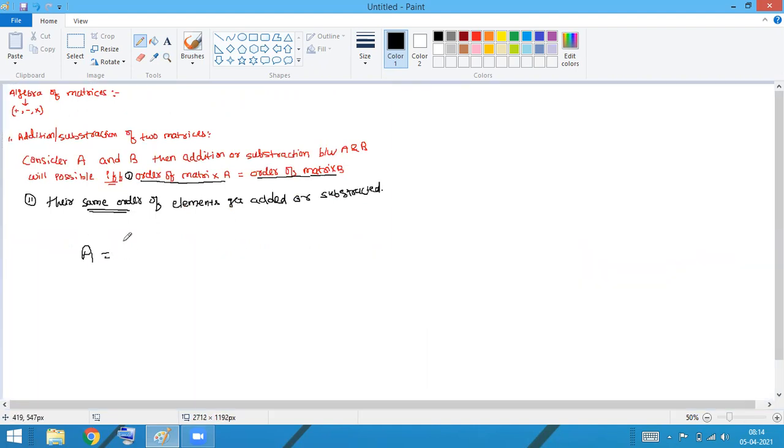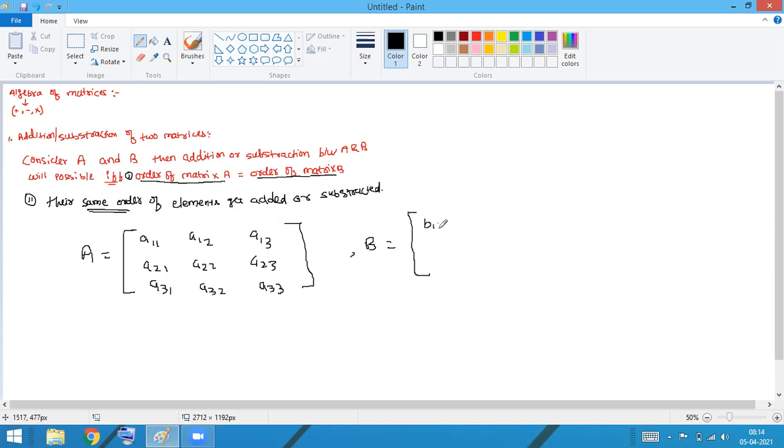Let's assume that we have matrix A, that is basically A11, A12, A13, A21, A22, A23, A31, A32, A33. Now, after that, let's assume that we have the matrix B, which will be B11, B12, B13, B21, B22, B23, B31, B32, and B33.